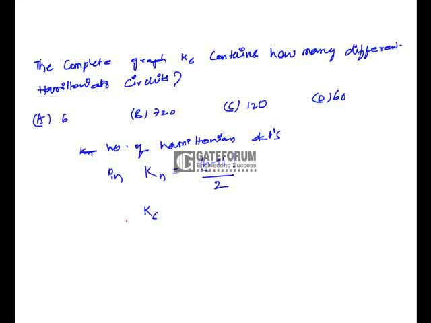Here K6 contains 6 minus 1, that is 5 factorial divided by 2. 5 factorial is 120 and 120 divided by 2 is 60. So here the correct option is option D.